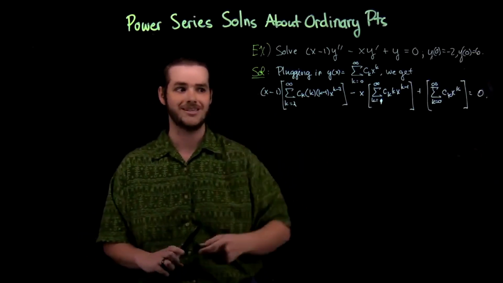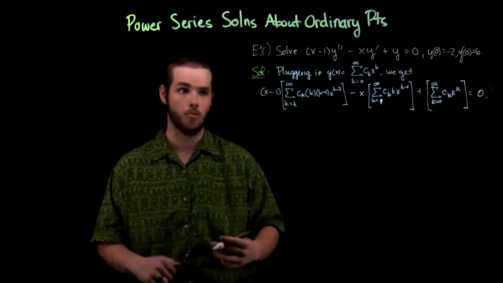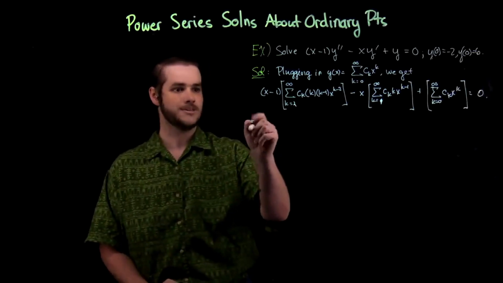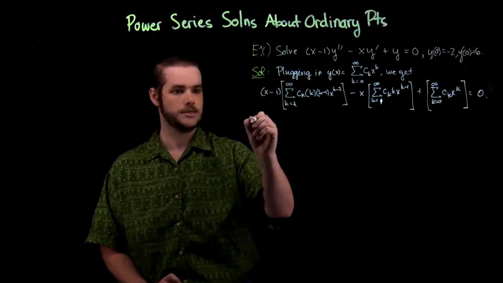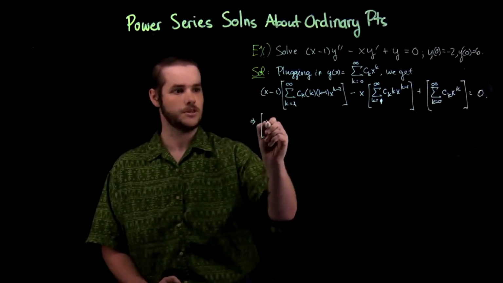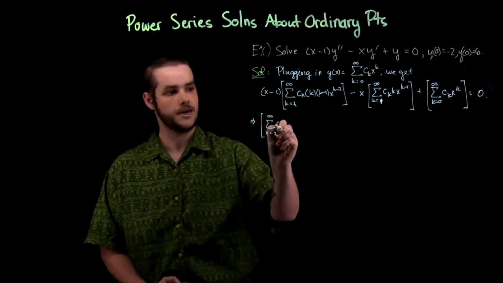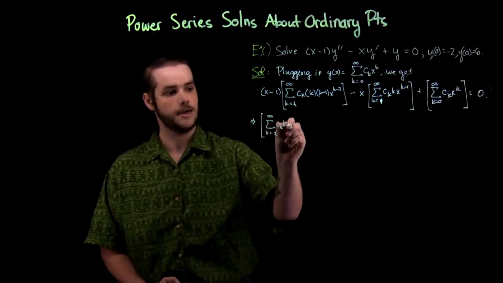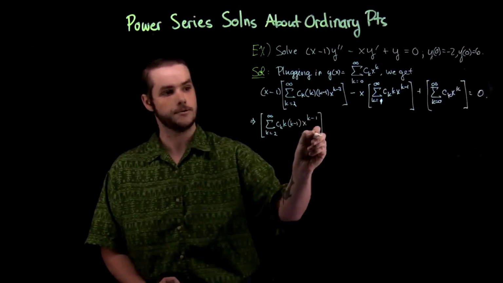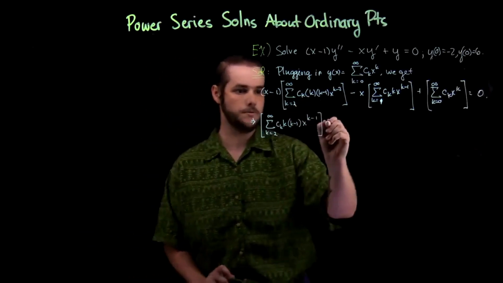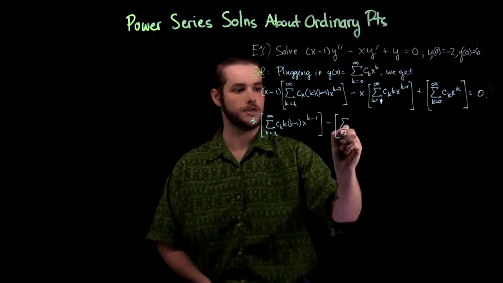Here, when I distribute it to the x, notice that's just going to bump the degree of the power series up by 1. In other words, since x doesn't depend on k, it can come inside the power series, and I get the sum from 2 to infinity, c_k, k, k minus 1, x to the 1 higher power. Then I distribute it to the negative 1, and I'll get minus the power series as originally written.